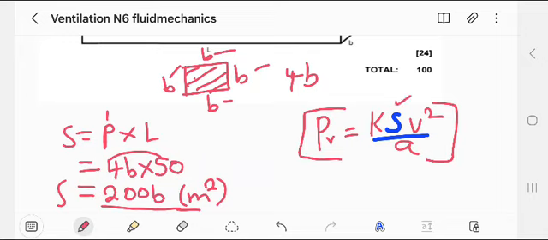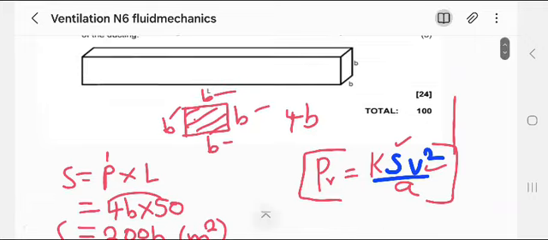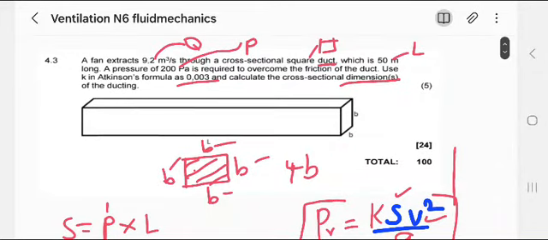What about the velocity? It's V squared, as you can see there. We are not given a velocity in the question, but we know that Q, the rate of flow, is area multiplied by velocity, and we're given Q as 9.2 cubic meters per second.